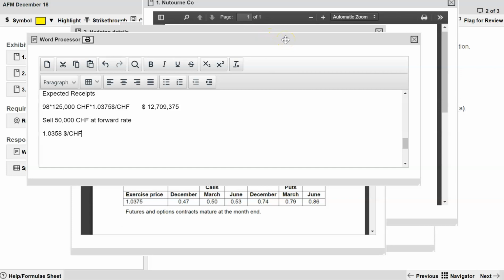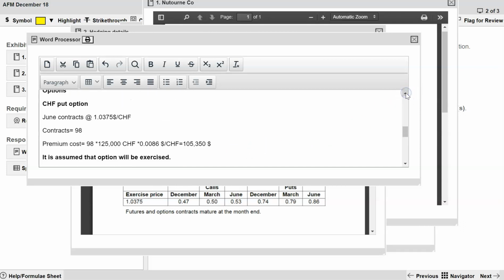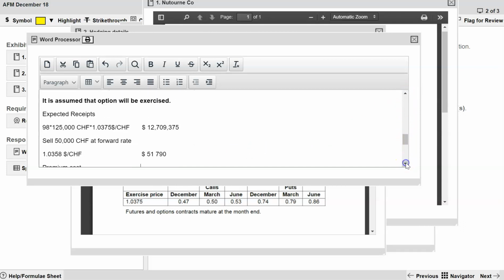So how much are you going to receive? 51,790. Okay, what about the premium cost? That is 105,350.